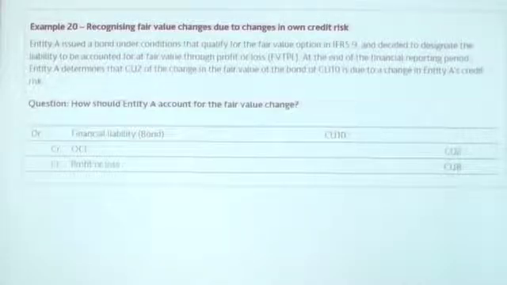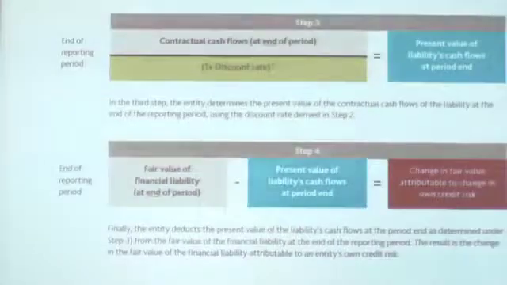Out of that 10, 2 was the change due to the entity's own credit risk. The entire 10 will be debited to the liability to reduce the liability. Out of that 10, 8 goes to profit and loss. The additional 2 created due to their own risk will be recognized in other comprehensive income. Is that clear?